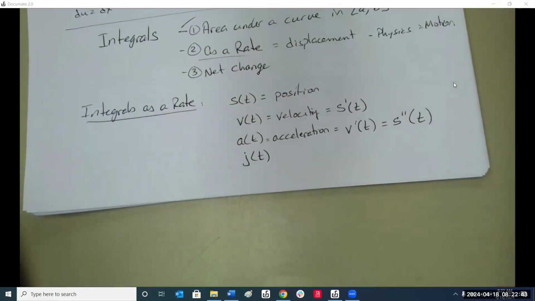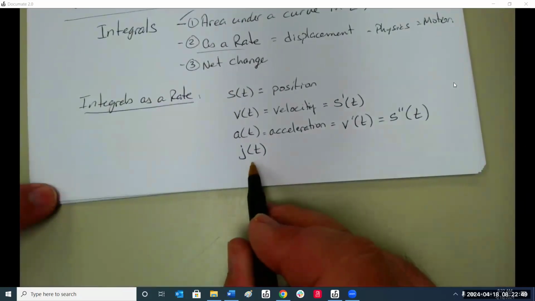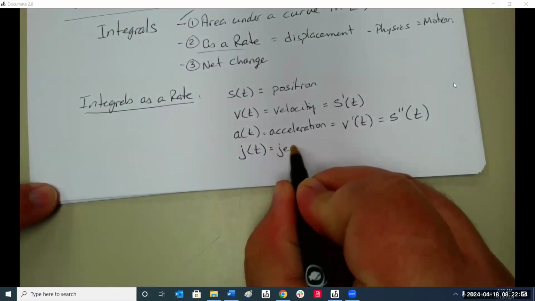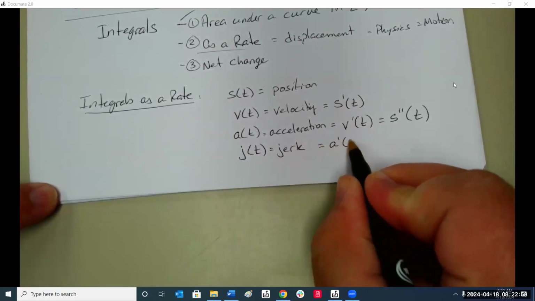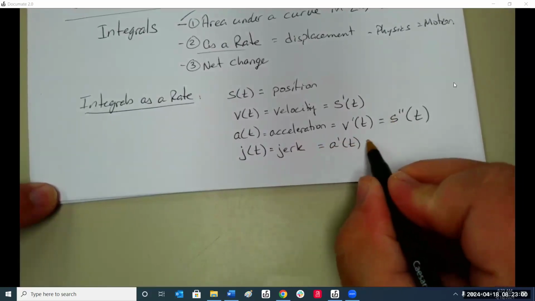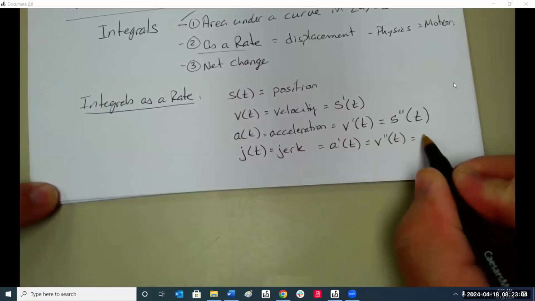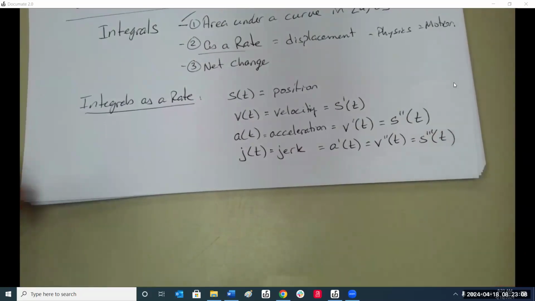It's the change in the change of your position. And what's this one? Jerk. And that is the change of acceleration, which is the second derivative of your velocity, which is the third derivative of your position.